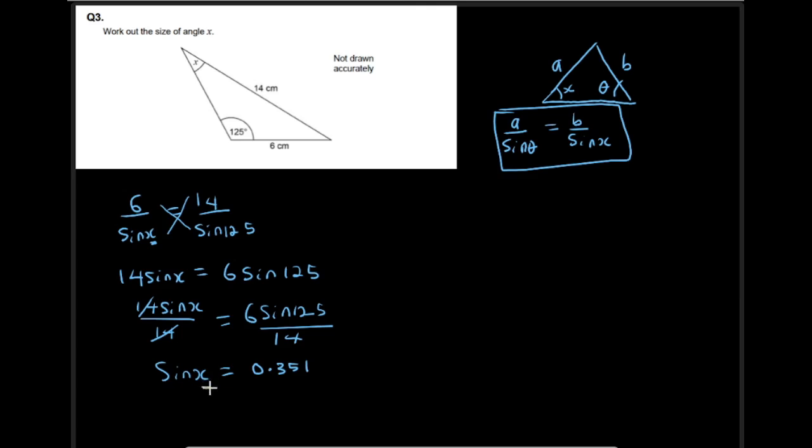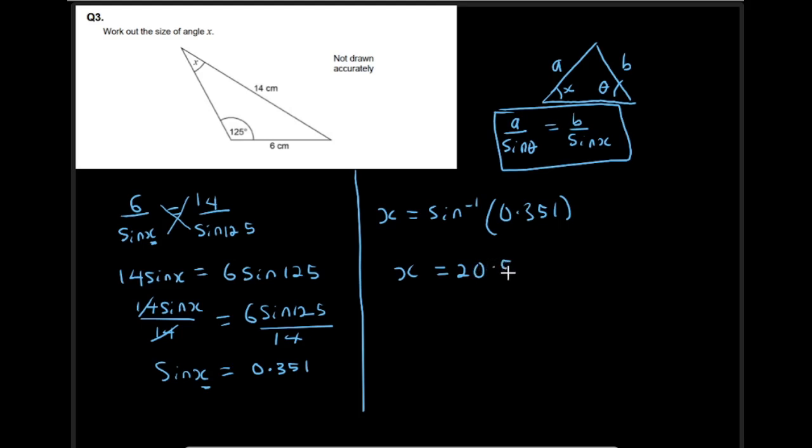So to get x, we'll take the sine inverse. So we have x equal to sine inverse of 0.351, and that will give us 20.55 degrees. So this is our answer here for angle x.